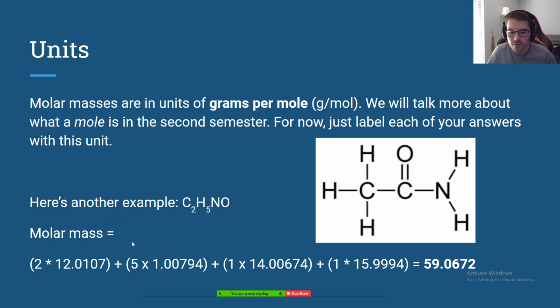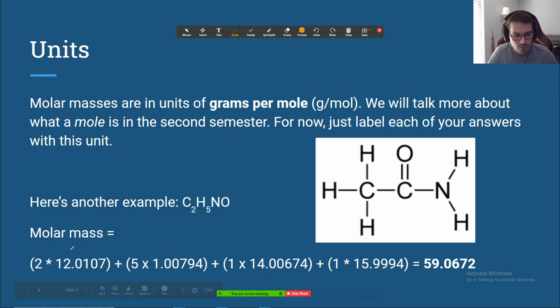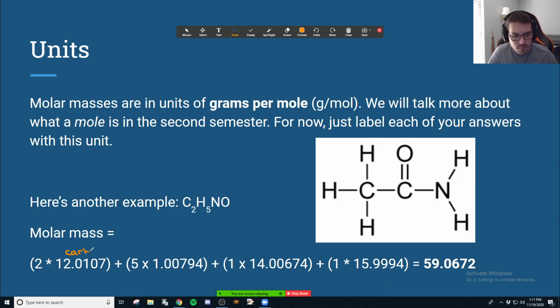So the molar mass, like I said before, is just the sum of all of the different elements that you have. So 2 times the mass of carbon, plus 5 times the mass of hydrogen, plus 1 times the mass of nitrogen, plus 1 times the mass of oxygen.